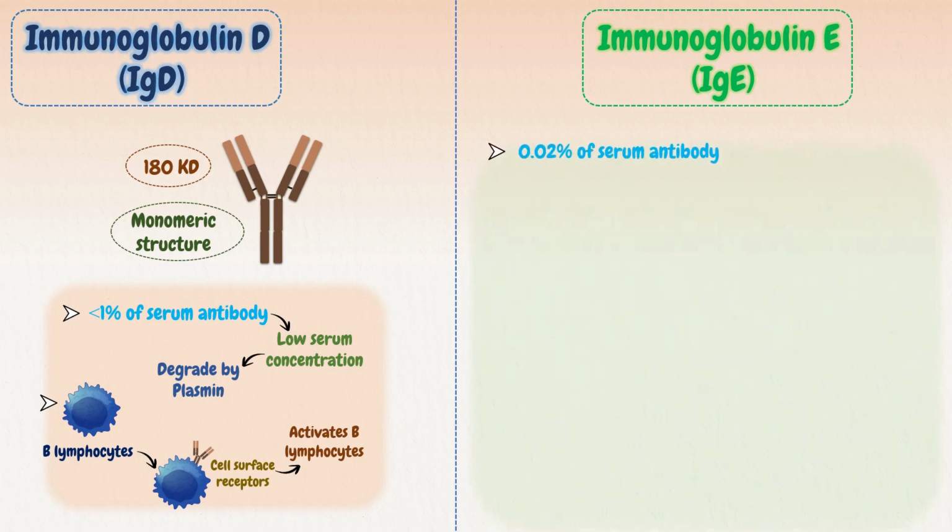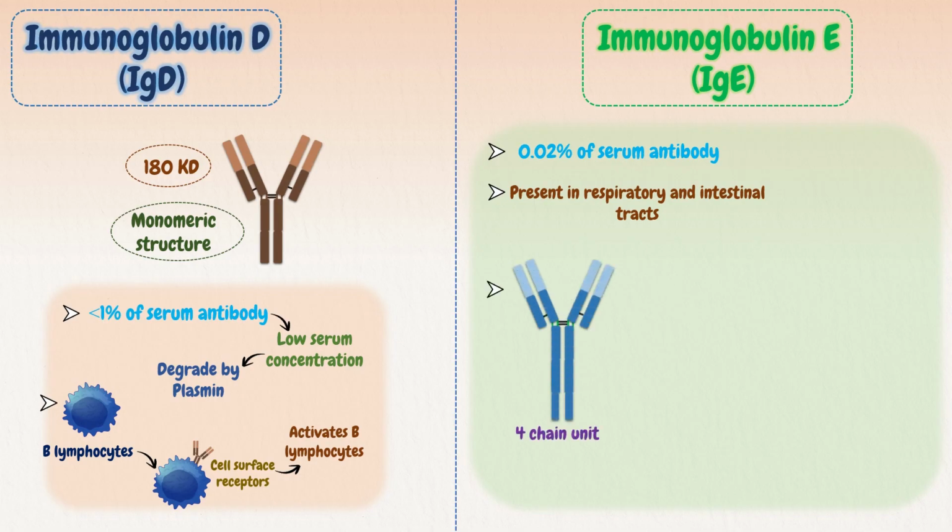IgE is present in the least amounts, around 0.02% of the antibody content in the serum. These are present in the linings of the respiratory and intestinal tracts and respond to allergic reactions. Each molecule of IgE consists of 1 4-chain unit and so has 2 antigen-binding sites, like the IgG molecule.